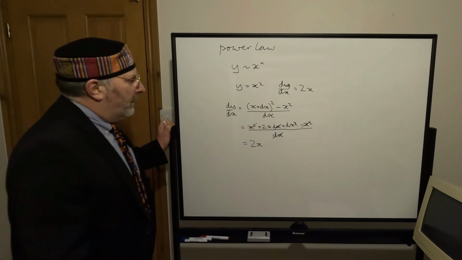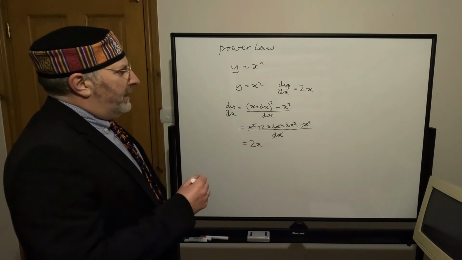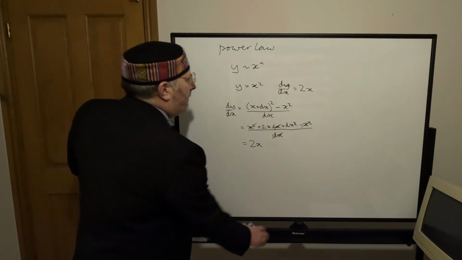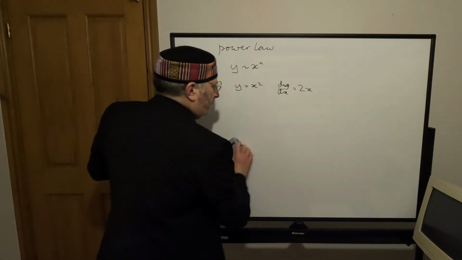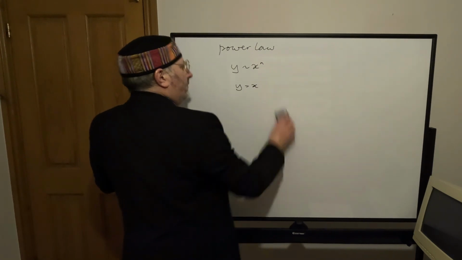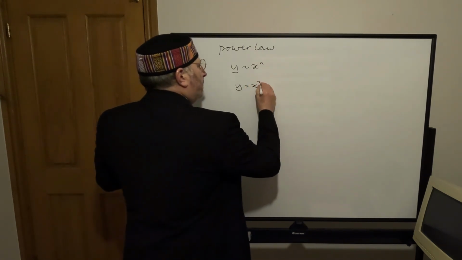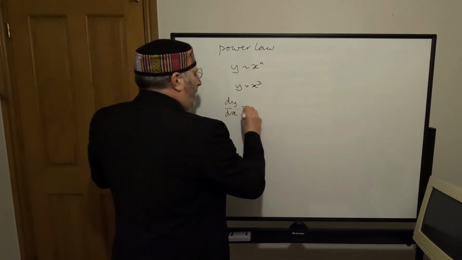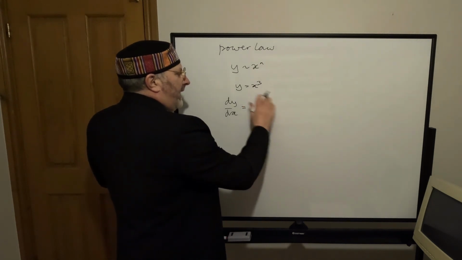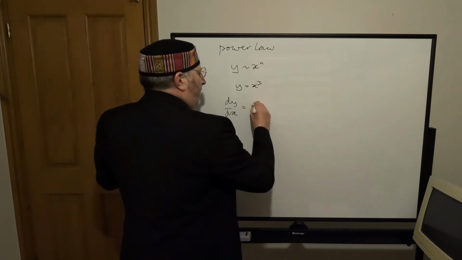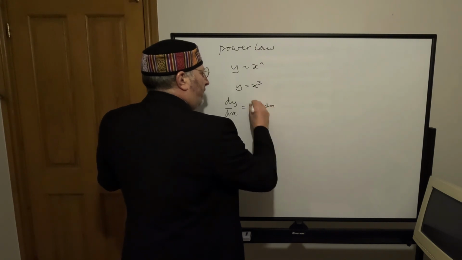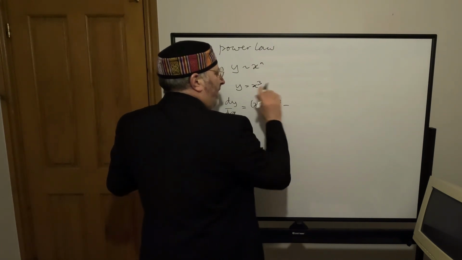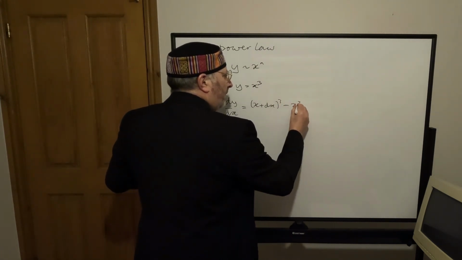In a nutshell. Well, we can apply the same idea to y equals x cubed. So let's do that. Y equals x cubed. What's dy by dx going to be? Well, it is the difference in y at x plus dx and at x. So at x plus dx, we've got x plus dx cubed now, because we're looking at y equals x cubed, minus the value at x, which is just x cubed.